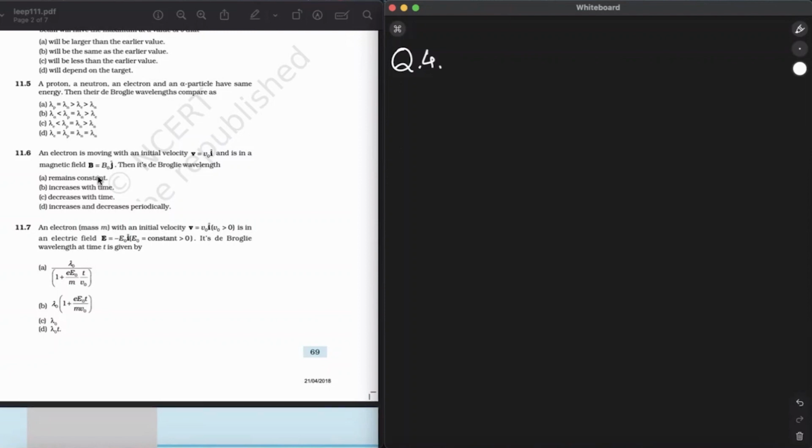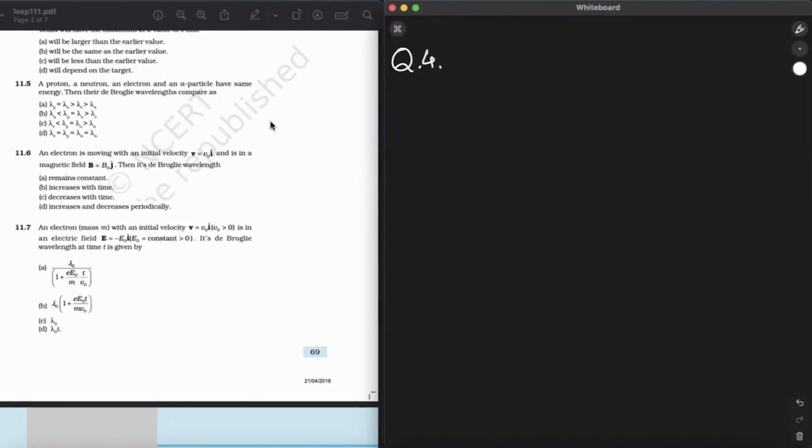Question number 5. There's a proton, a neutron, an electron, and an alpha particle with the same energy, and the de Broglie wavelengths are to be compared. These are basic questions, you just need to know the formula.